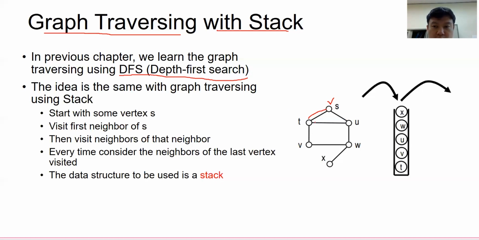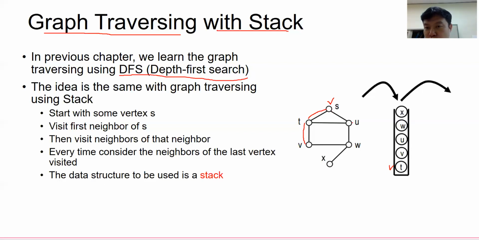So for example, I already have S and then T. So T is here. And then I want to go to the next neighbor. Here I choose V because it is depth. Depth means I just want to go to the next child, the next child, the next child.